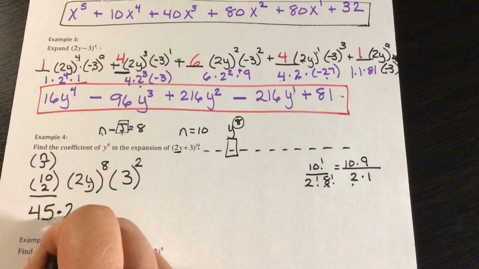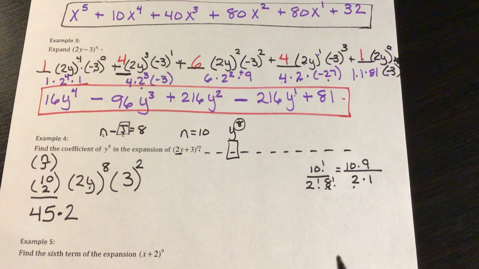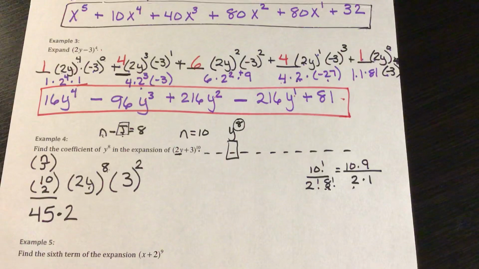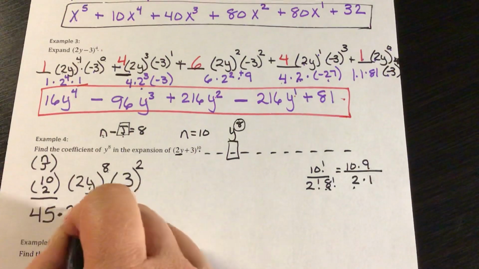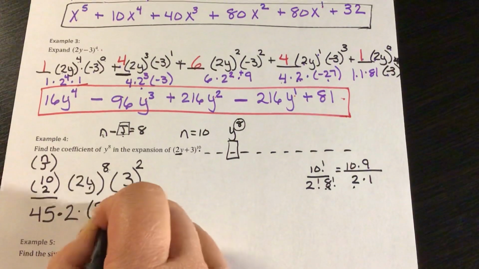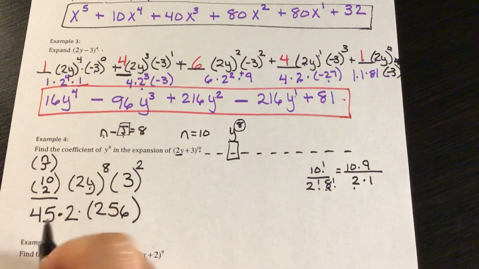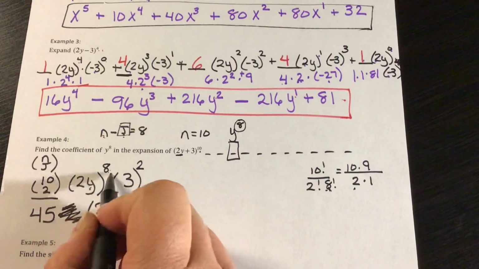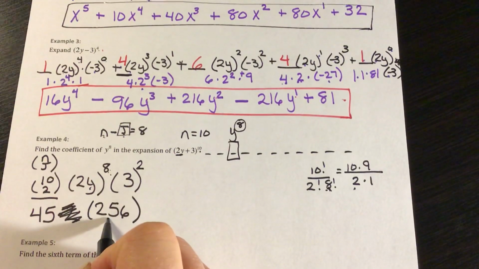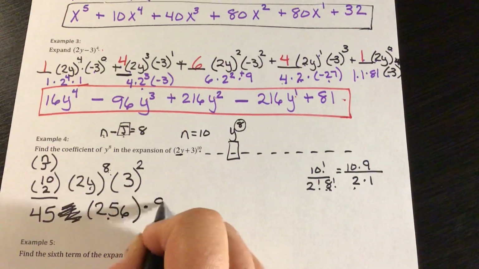And then I have 2 to the 8th power: 2, 4, 8, 16, 32, 64, 128, 256. Wait. So 2 to the 8th is 256, sorry. And then 3 squared is 9.